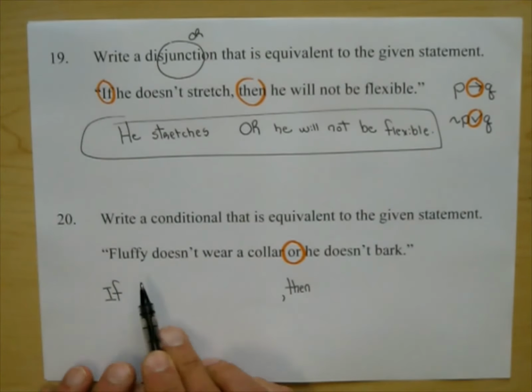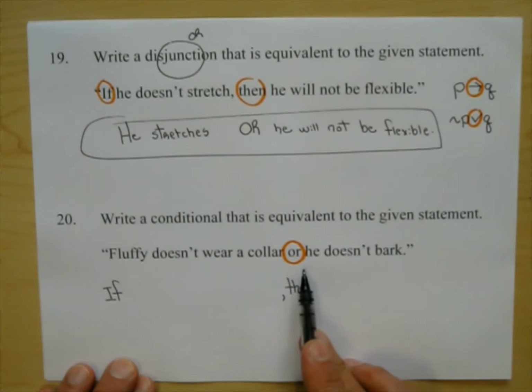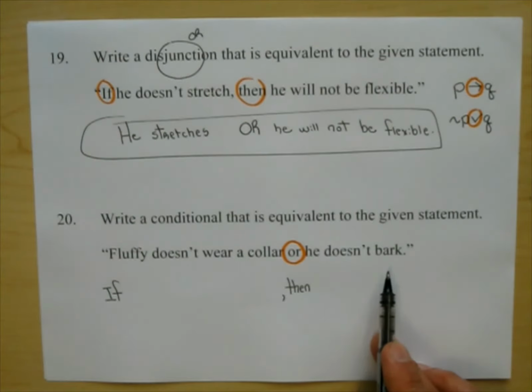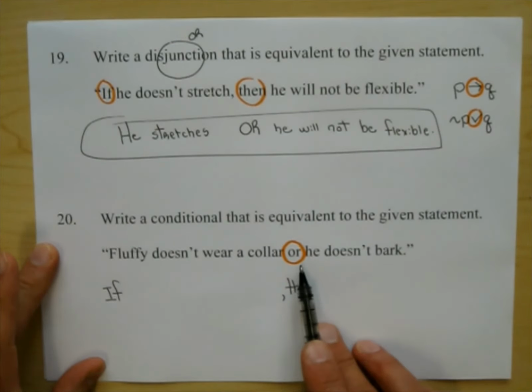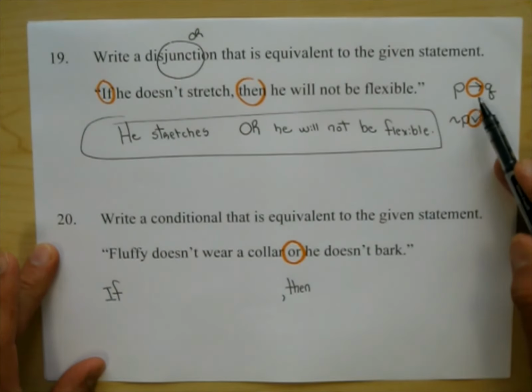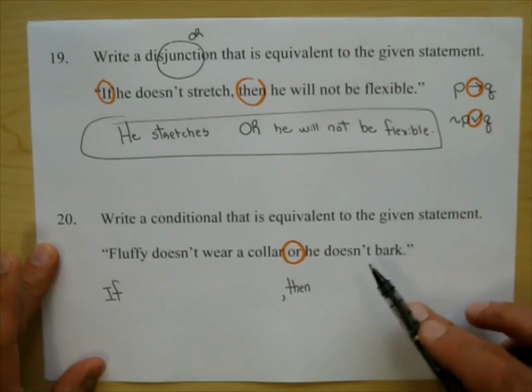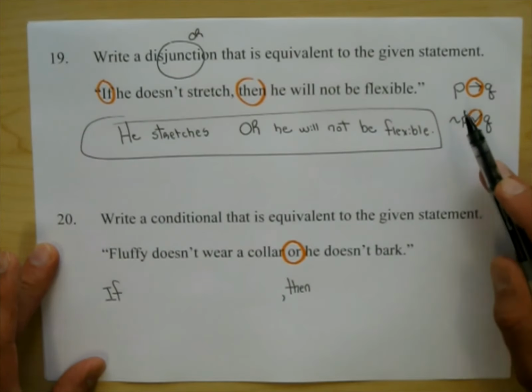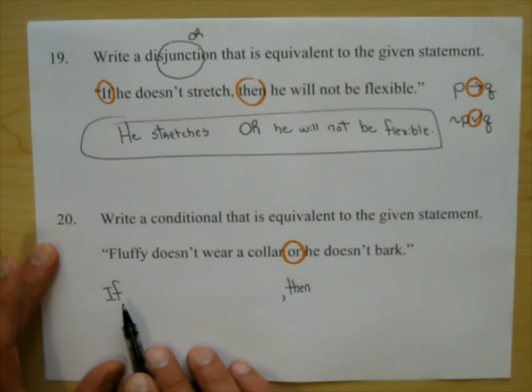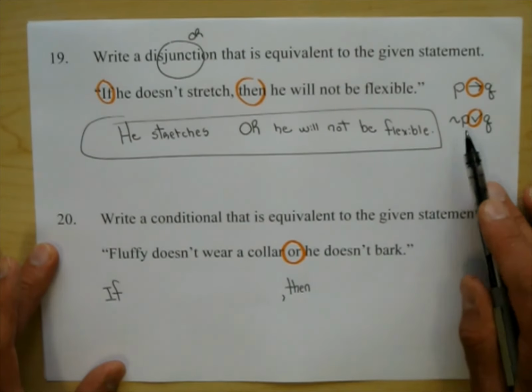So this statement is Fluffy doesn't wear a collar or he doesn't bark. So now I've got the if then, I've ripped out the or, I'm traveling this way now. What part stays the same? Well, the conclusion does. And the part that gets negated is the first part, the hypothesis.